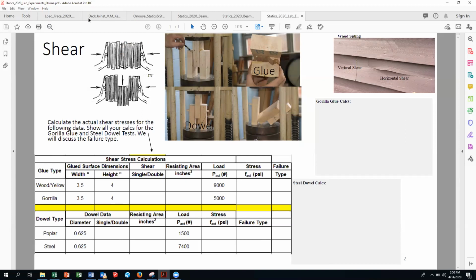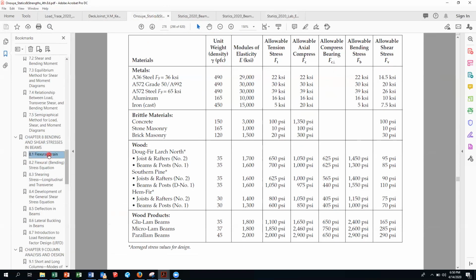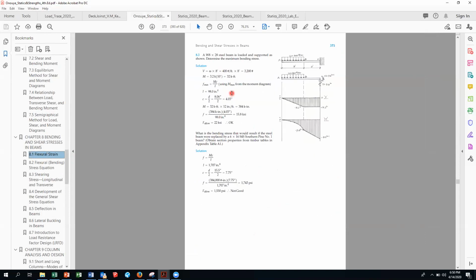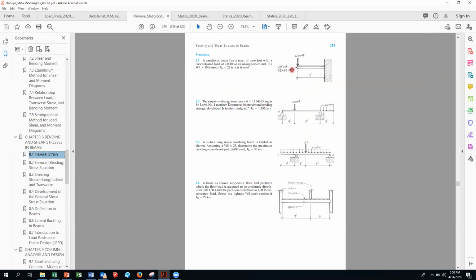This is due tomorrow night. If we don't do a Saturday Zoom, let me do an additional problem. We're going to go to page 379, which was chapter 8, and we're doing problem 8.1.